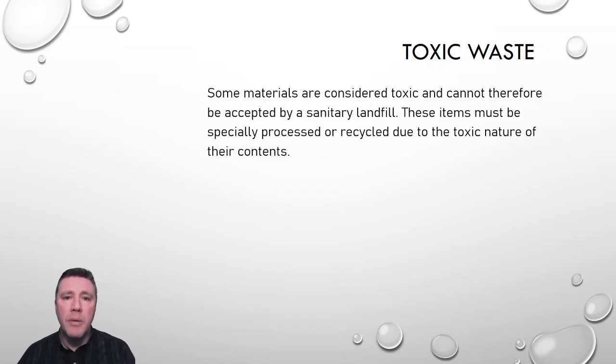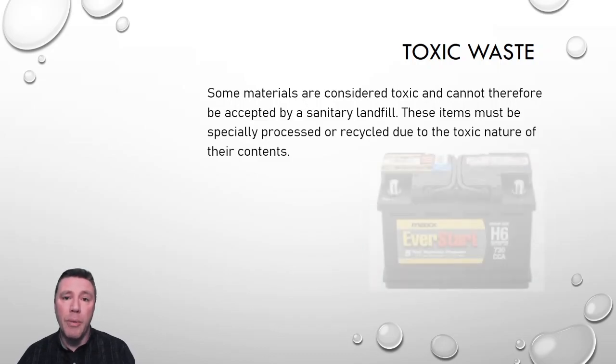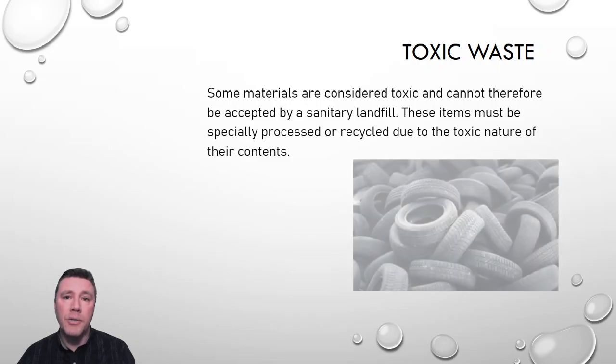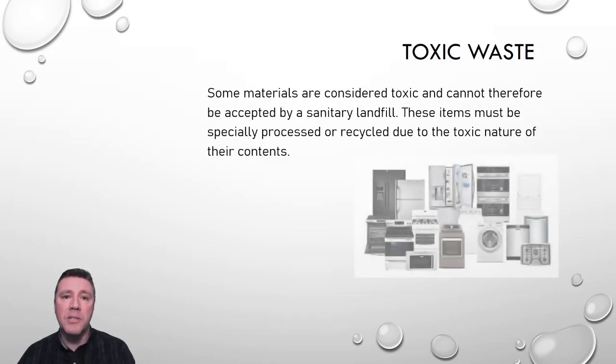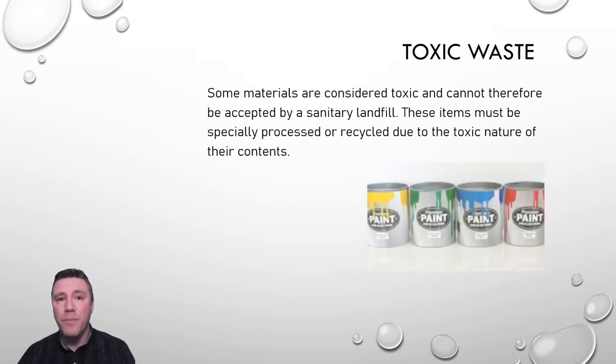Some of the most common toxic materials that you may be familiar with include things like batteries, car batteries, tires, appliances, and even paint. None of these things can be disposed of directly into a landfill, so instead, they first need to be broken down into their component parts.